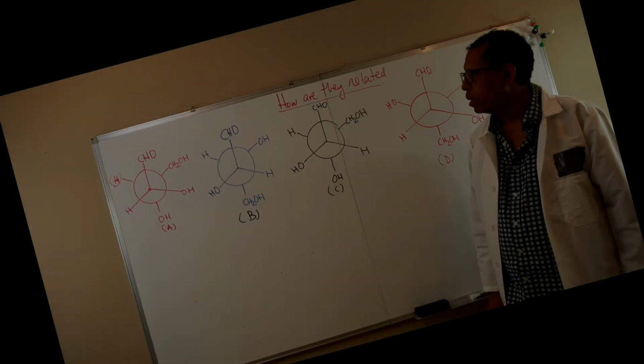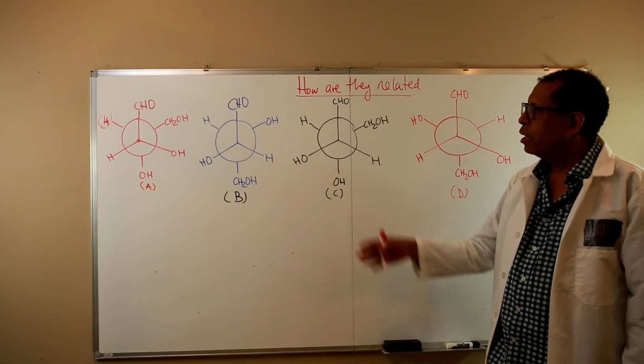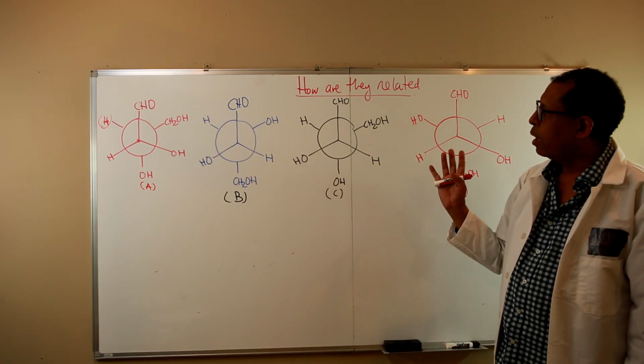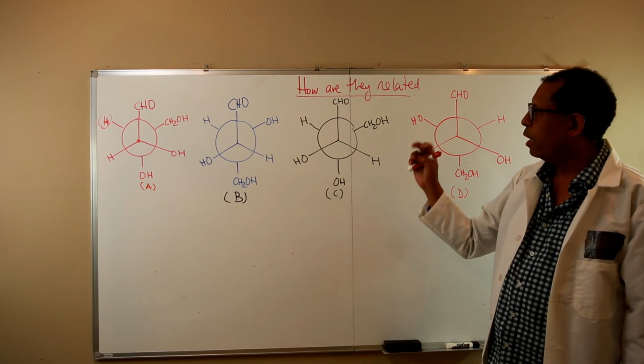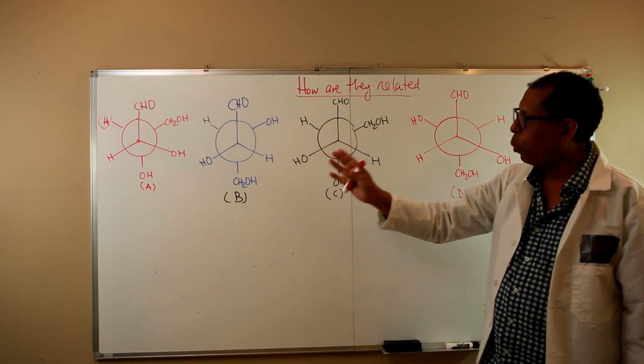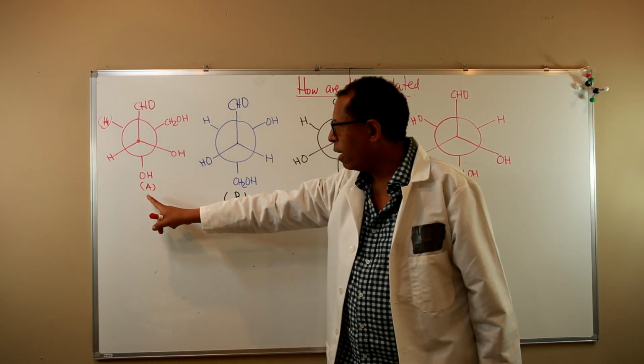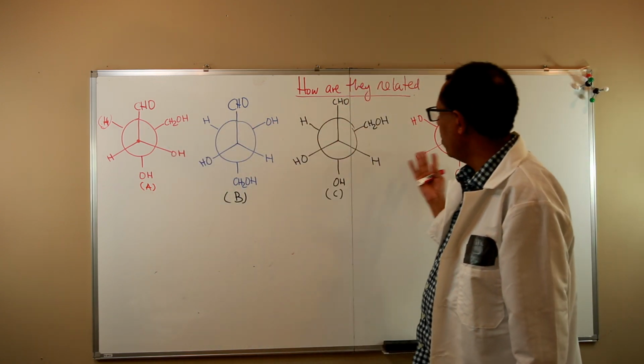Continuing our work on stereochemistry, this has compounds that are shown as a Newman projection, and the task is to identify what relationships they have, because constitutionally they are the same.